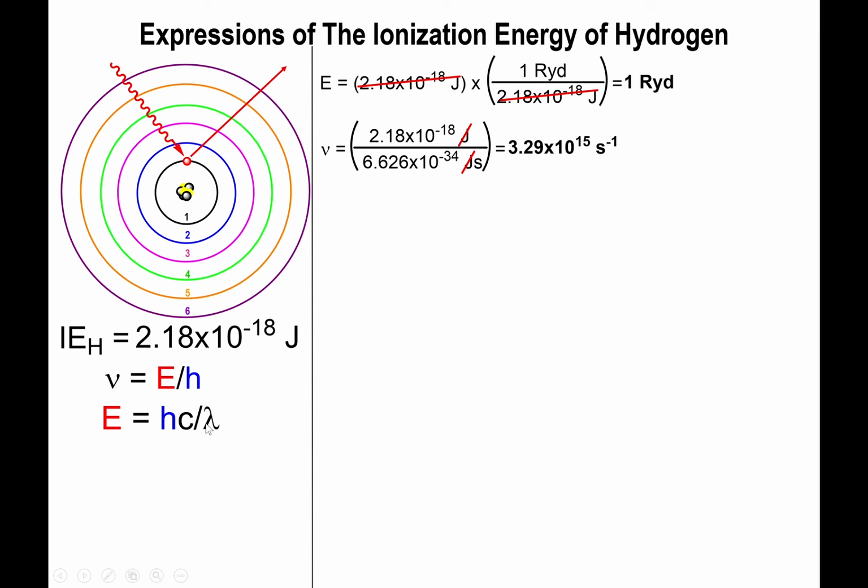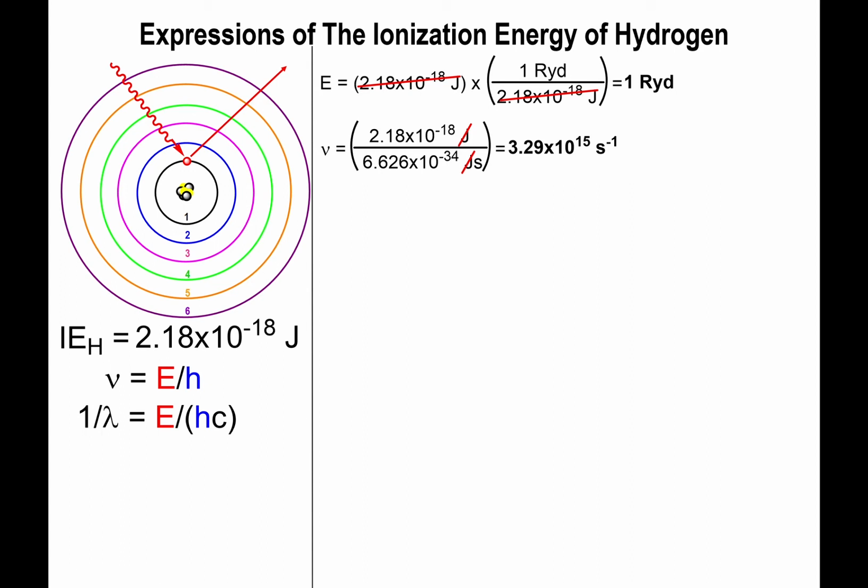We could also do the same thing for the wavelength. Simply cross multiply, so you end up multiplying by wavelength, you end up dividing by energy. So you have wavelength equals hc over energy. But we could also do something slightly different. We could solve for the inverse wavelength. The reason why we would want to do this is because we know that the wavelength is inversely proportional to energy.